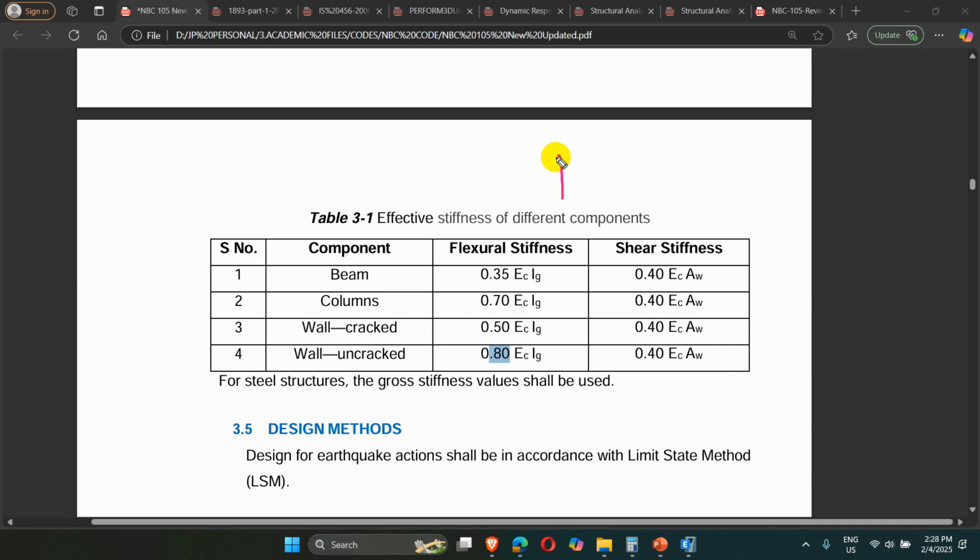We know that force F equals K into U, where F is the external force, the force attracted by the structure, K is the stiffness value or stiffness property of the structure, and U is the displacement or deformation of the structure.